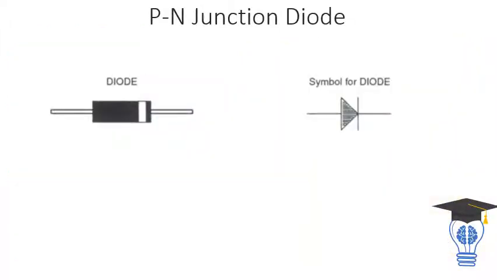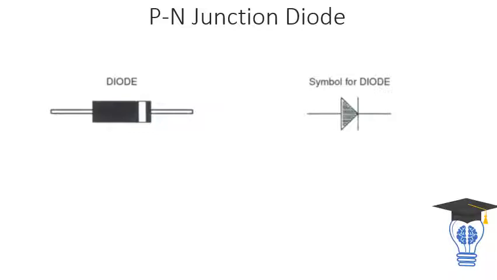As we studied in the previous slide, a p-type material and an n-type material are combined together and a barrier is created, which is nothing but a PN junction diode.